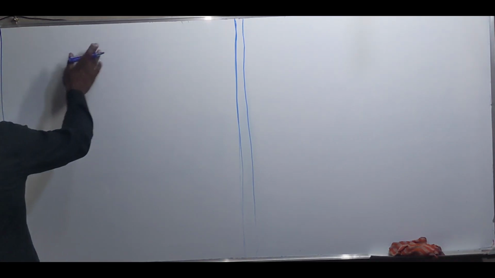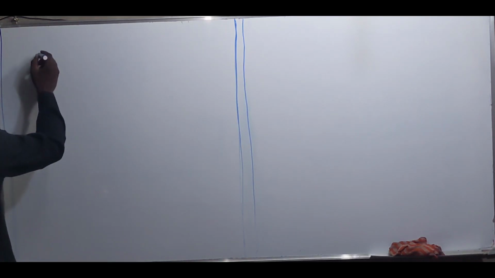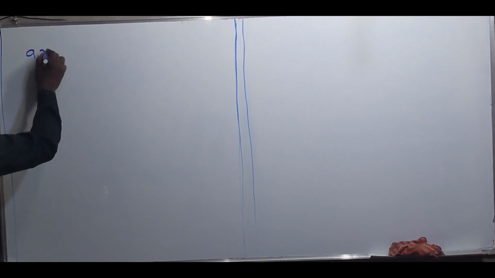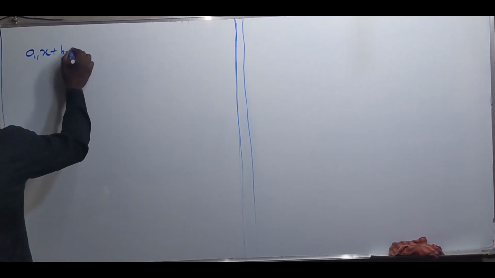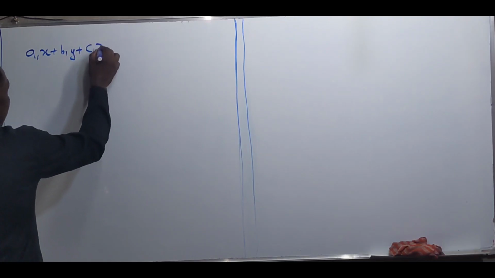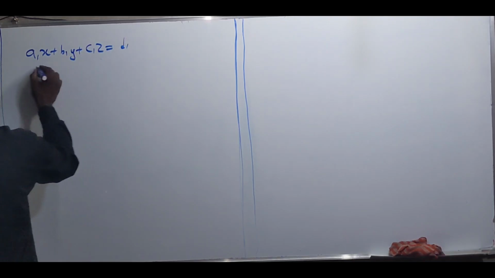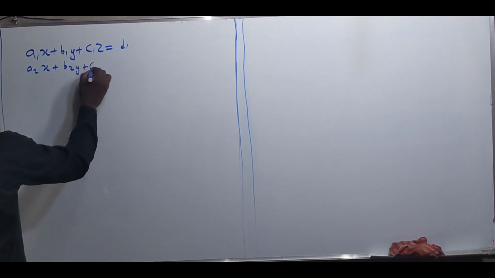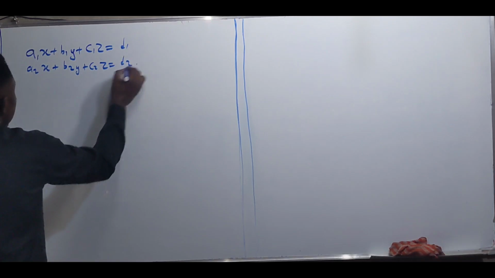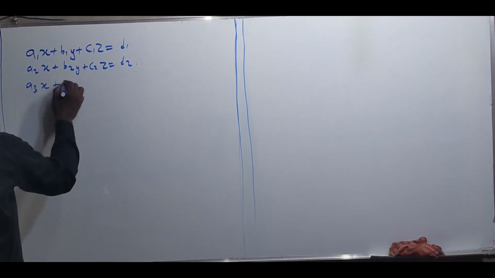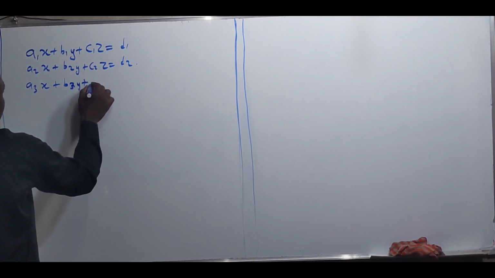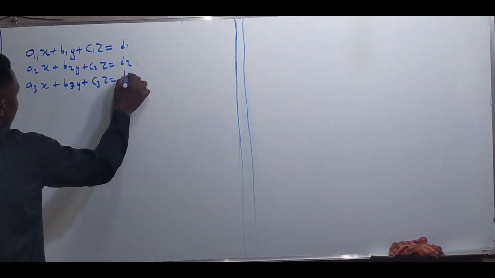Suppose I have the system of equations: a1 x plus b1 y plus c1 z is equal to d1, a2 x plus b2 y plus c2 z is equal to d2, a3 x plus b3 y plus c3 z is equal to d3.